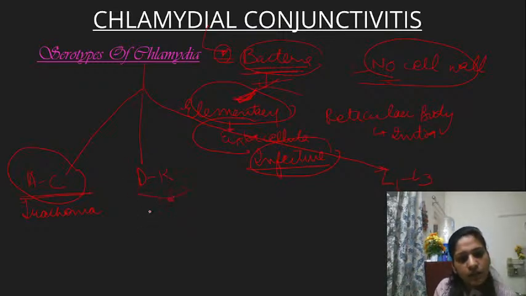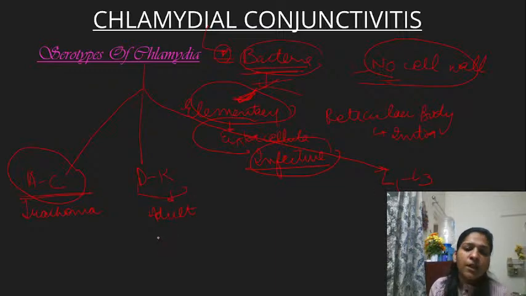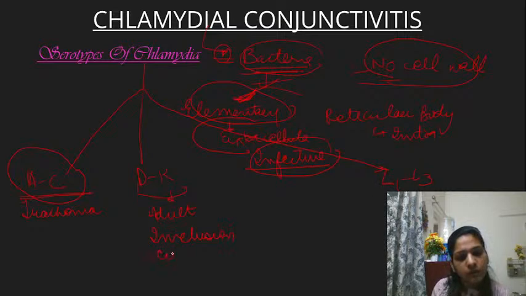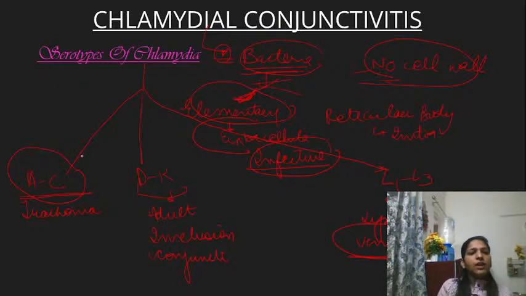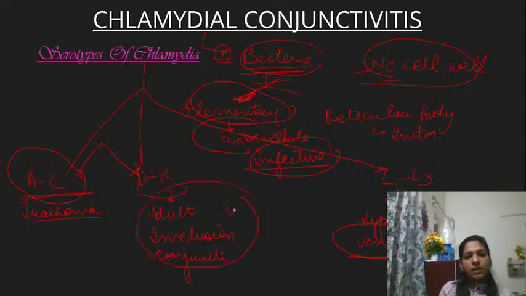D to K serotypes cause adult inclusion conjunctivitis, and L1 to L3 cause lymphogranuloma venereum. In ophthalmology, we are basically concerned about these two, trachoma and adult inclusion conjunctivitis.